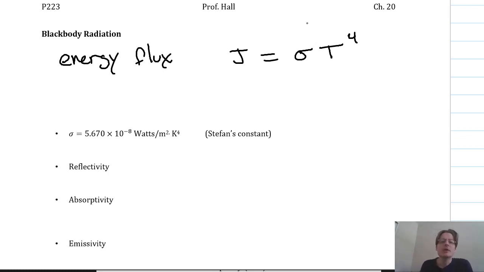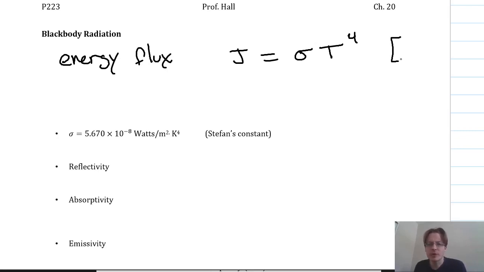Okay, so this is the energy flux. What do I mean by energy flux? It's the energy flowing out, per second per square meter. So it's how bright the object appears.